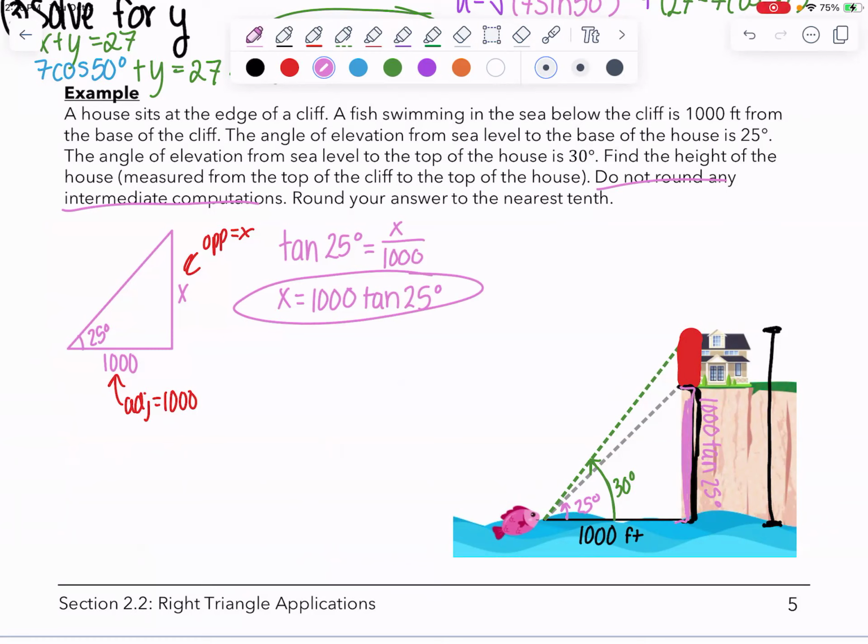Then I'm going to look at that bigger triangle with the 30-degree angle of elevation. Still 1,000 feet down here on the bottom. And now I'm looking for this distance, which is from the top of the house to the bottom of the cliff. Once again, we have an opposite and an adjacent.